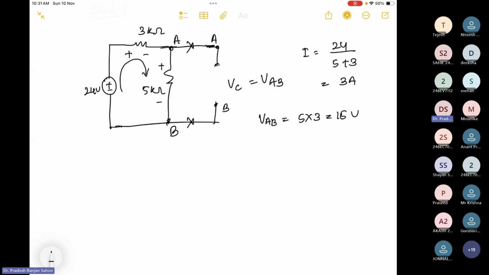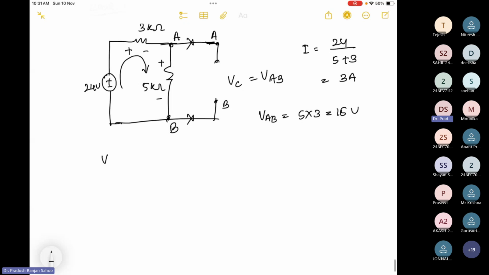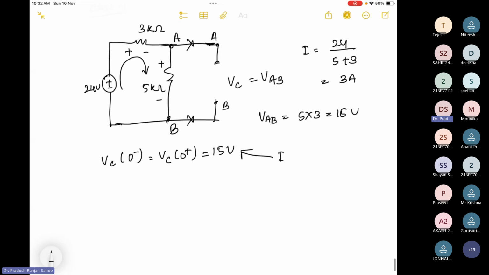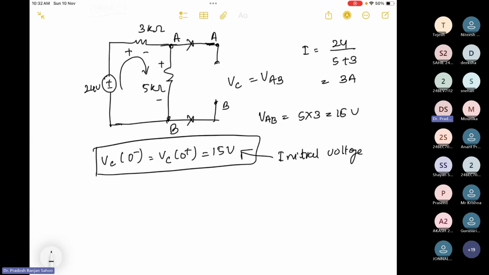So VC, the voltage across the capacitor just before switching, and just after switching also, is 15 volt, because the voltage across a capacitor does not change instantaneously. This is called the initial voltage.